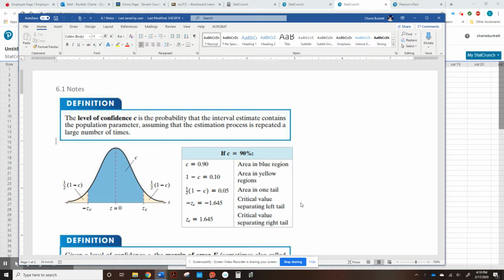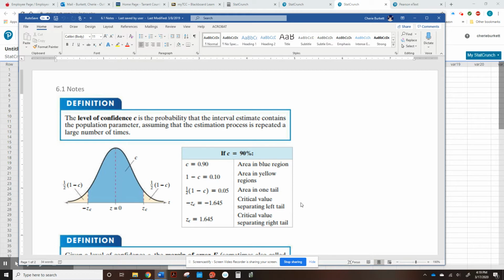I will show you how to do it by hand or using StatCrunch on this video, and I'm going to show you StatCrunch most of the time, obviously, because it's a pretty straightforward way to go. But then the calculator videos will be separate because y'all use different calculators.